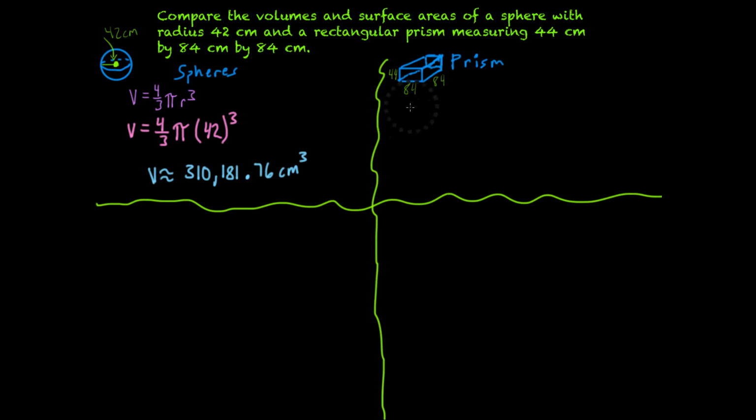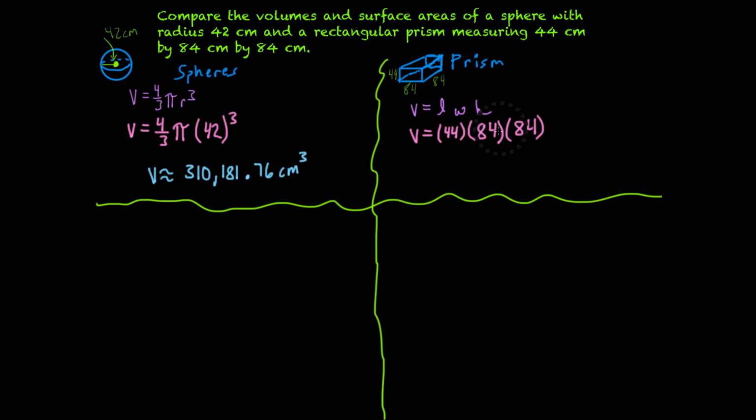Okay, so now over here, the formula for finding the volume of a rectangular prism is V is equal to length times width times height. Alright, so now the values that I substitute in, I'll substitute 44 in for the length, 84 in for the width, and 84 in for the height.